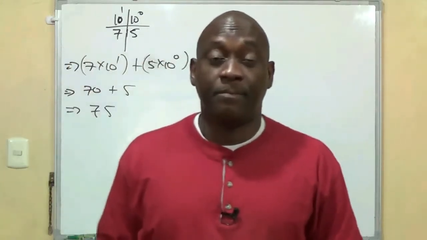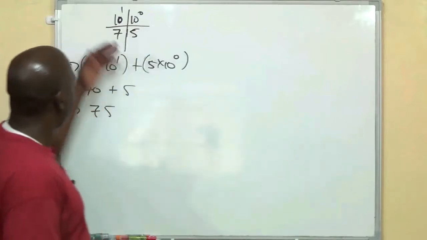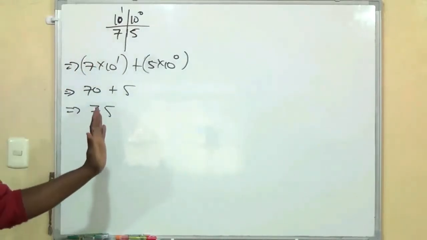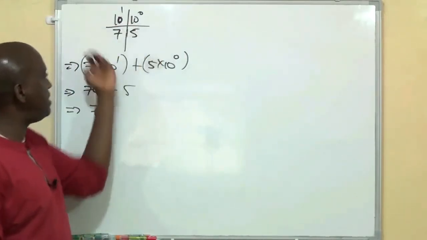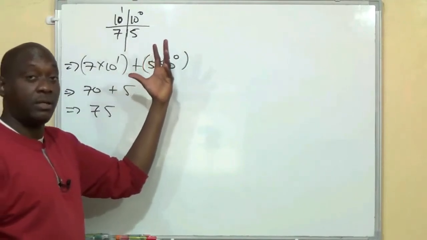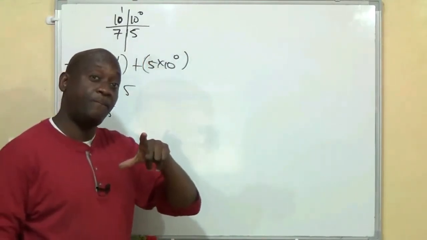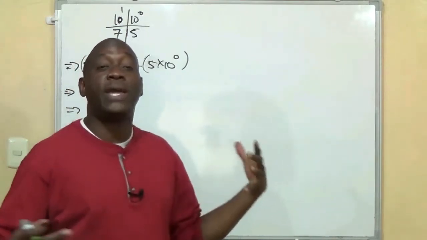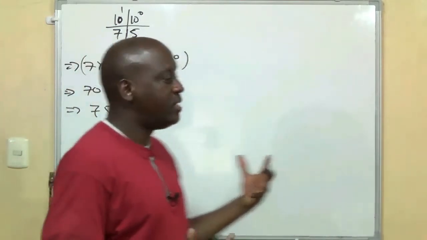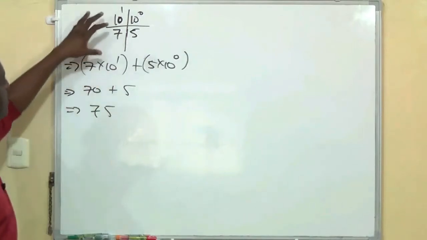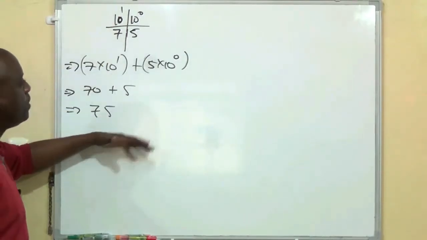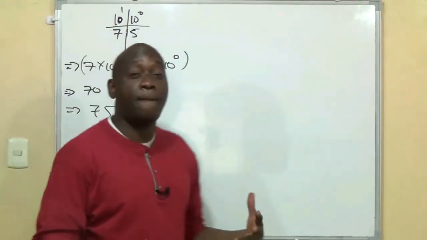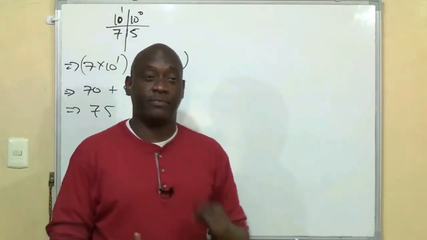Now, if we move from base 10 to base 5, it means that instead of expressing this quantity, the quantity doesn't change. The only thing that changes is how we express the quantity. So instead of expressing 75 as the sum of powers of 10, we're now looking to express it as the sum of powers of 5.